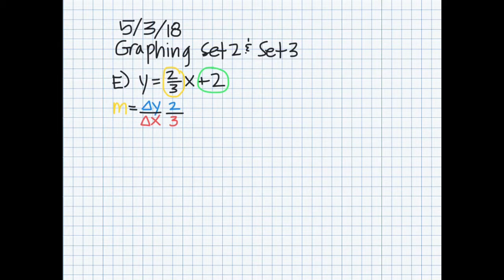My y-intercept is positive 2, which means that's going to be the first dot I make on my coordinate plane. And because I start at positive 2, I'm going to design my coordinate plane to make sure that I can fit positive 2 plus moving up 2 and over 3.